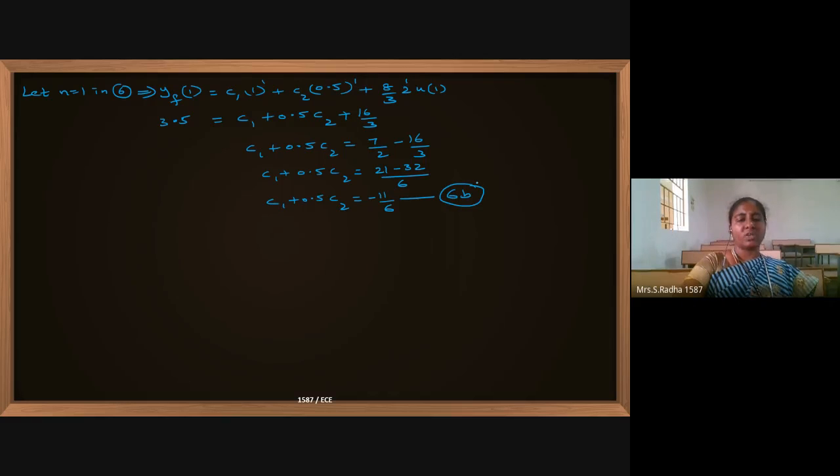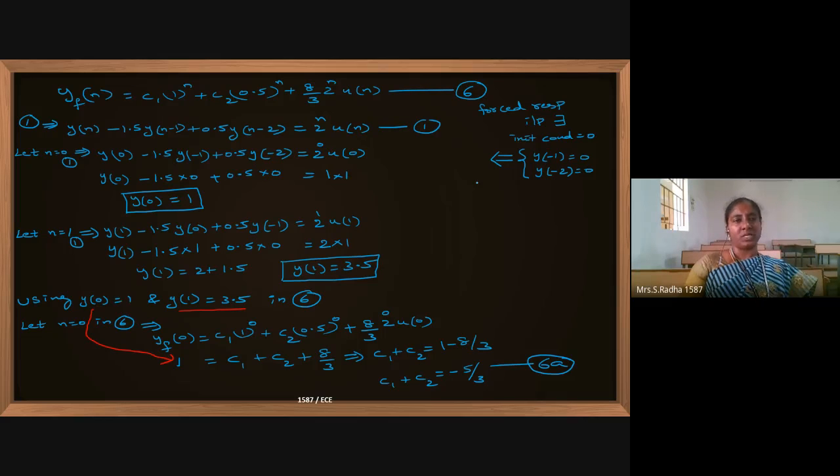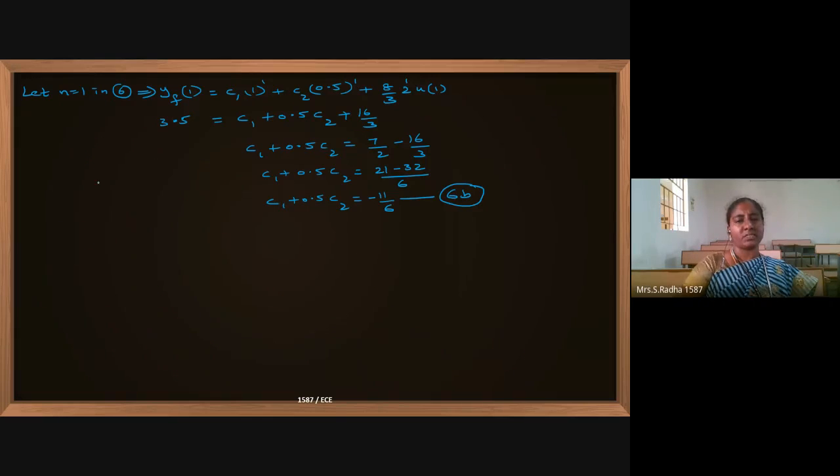Now 6a, 6b we have to solve and finally substitute in 6. That will become the forced response. 6a I am taking over here, C1 plus C2 equal to minus 5 by 3. If you subtract, the sign changes for the second equation. C1 will get cancelled, and here we will have minus 0.5 C2.